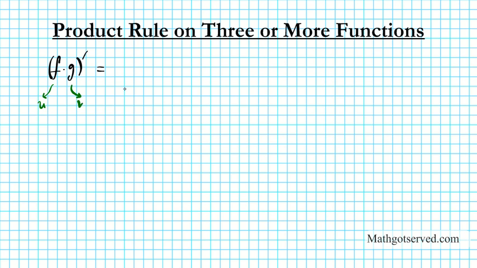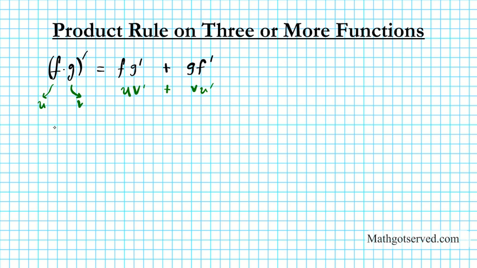Then using the product rule, we know that the derivative of the product of these two functions will be u v prime plus v u prime, right? So that's basically going to be f multiplied by g prime plus g multiplied by f prime. Alright, so this is the product rule that everybody knows about.